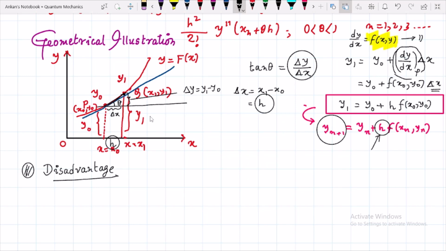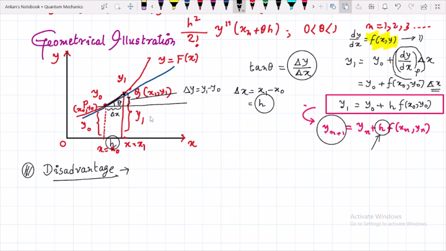It may take a long time to solve a differential equation like this by this process if h has a very small value. So this disadvantage is important to know, and some modification was made to this process to reduce the error, which is given by the modified Euler form, and later RK2 and RK4 were also developed to remove this error from the solution.